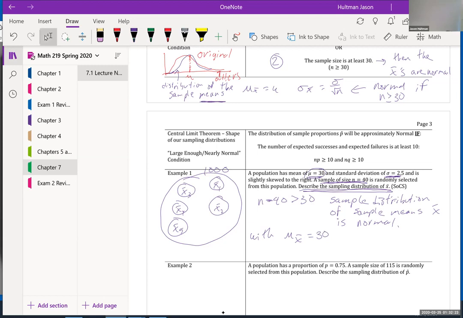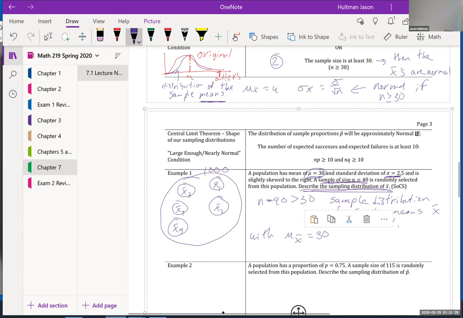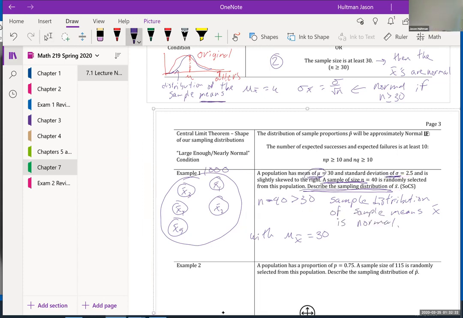Okay. And what is the standard deviation of the sample means? Well, it's the standard deviation of the population, which is 2.5, over the square root of the sample size.